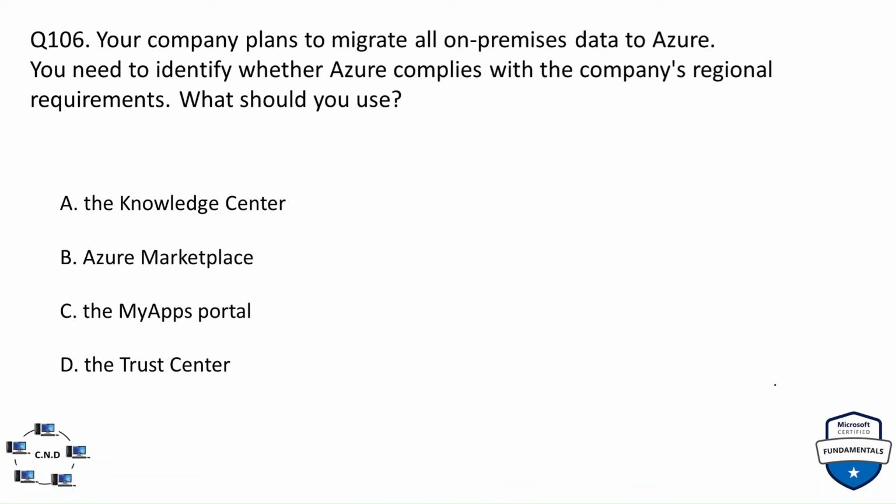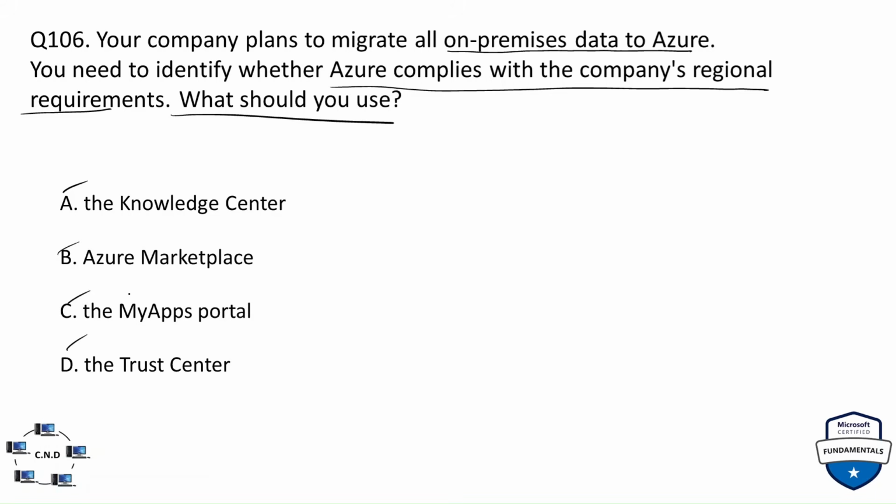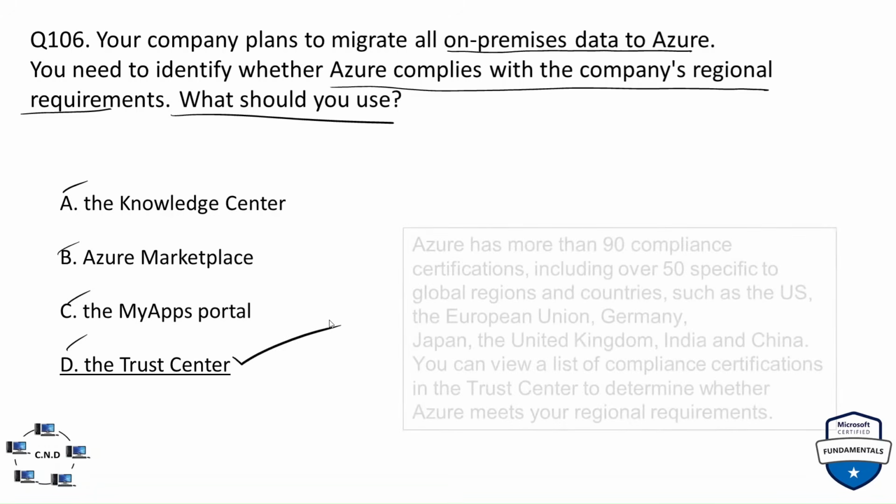Question number 106 is that your company plans to migrate all on-premises data to Azure. You need to identify whether Azure complies with the company's original requirements. What should you use? And the options are A, the Knowledge Center, B, Azure Marketplace, C, My Apps Portal, and D, the Trust Center. And the correct option is the Trust Center.